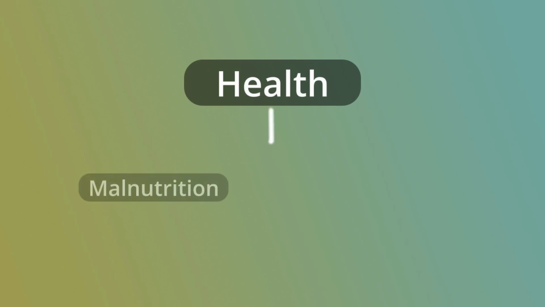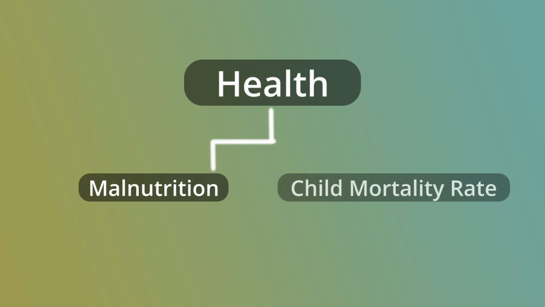This multidimensional poverty index consists of three dimensions: health, education and standard of living. The health dimension consists of two indicators: malnutrition and child mortality rate. Similarly, the education dimension also consists of two indicators: school attendance and years of schooling.